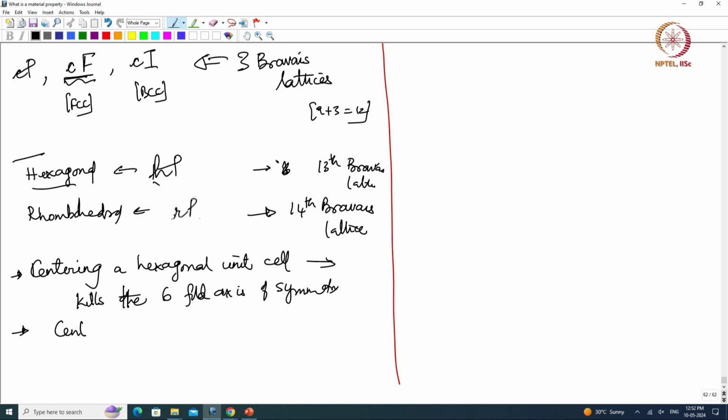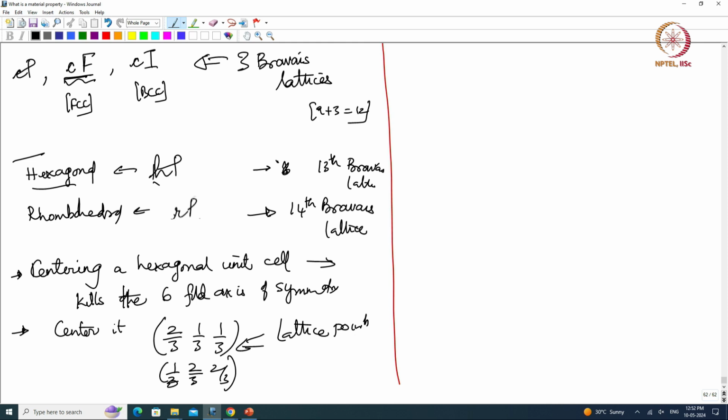Now, this centering we did not study, this is not face centering, this is not body centering, right. So, for hexagonal unit cells you have to center it in a specific way. If I am centering it about 2/3, 1/3, 1/3 and 1/3, 2/3, 2/3, if these are the lattice points of centering, well, I can still go from 6-fold to something like 3-fold symmetry.